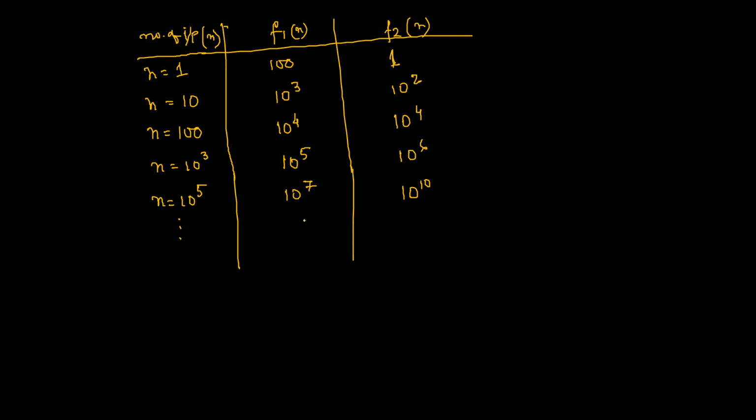If you draw a graph showing the performance of these two programs for different values of n, it will look something like this.